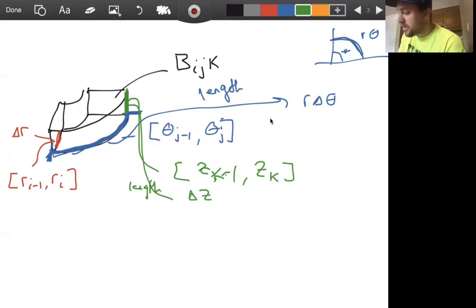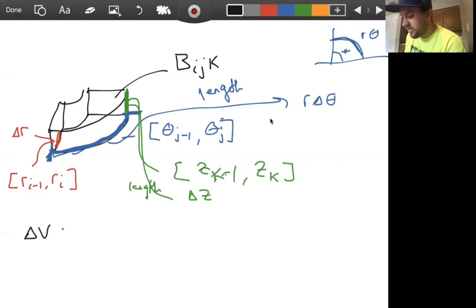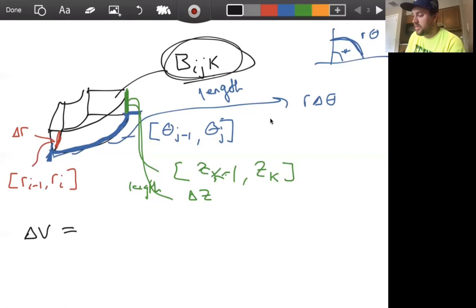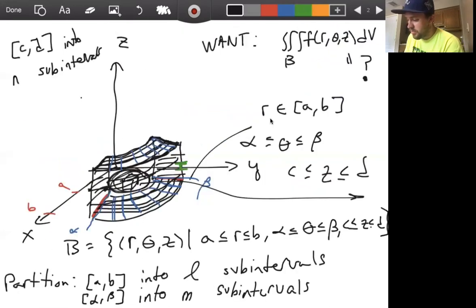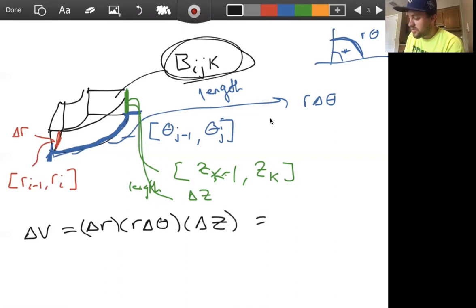And so we get a formula for the volume of this B_ijk here, which is, again, remember, not the entire thing, but one of these sub boxes on the interior. Well, then this is going to be delta r times r delta theta times delta z, which is going to be r delta r delta theta delta z, right?